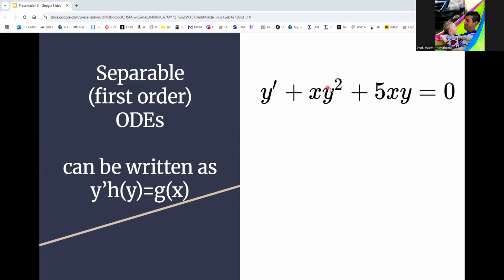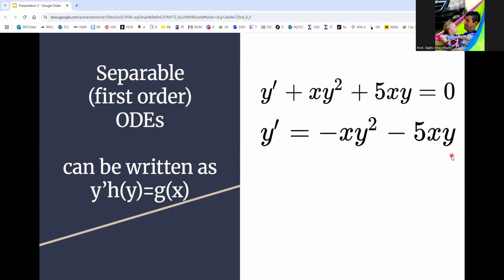And so sometimes it's not as obvious how to do the separation. So if you think about this format of this formula here, we want y prime on one side. Sometimes it's helpful to get everything else on the other side first. And so, for instance, here we might subtract the other two terms, leaving y prime on the left where we'll want it. And then another common trick that you'll see to help with this is factoring.